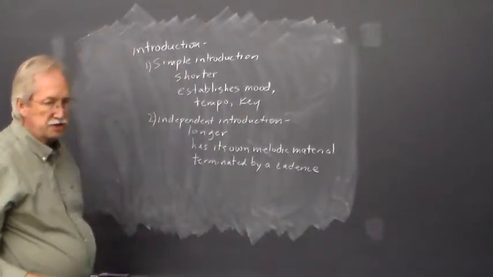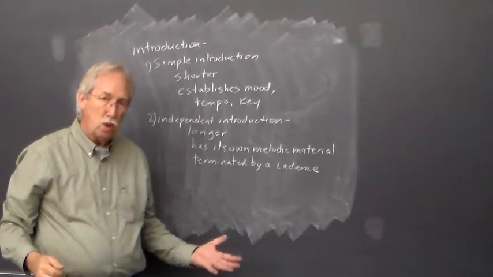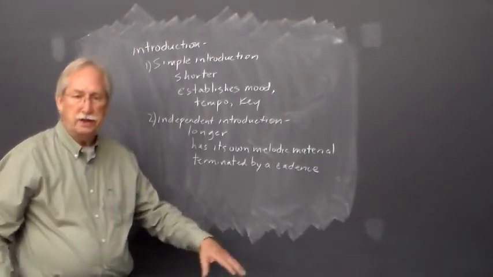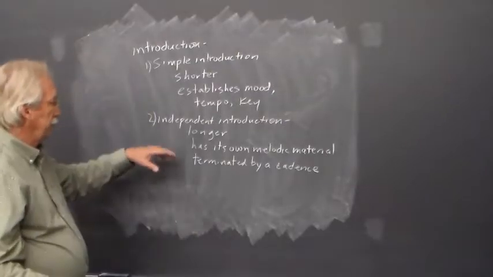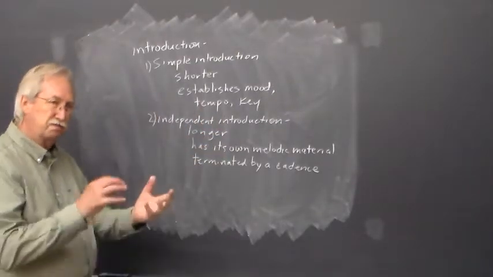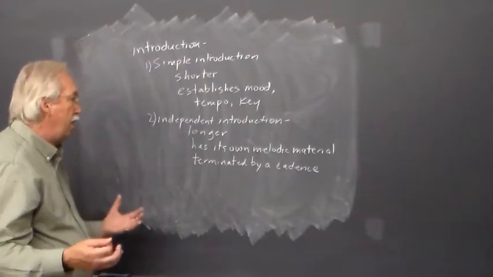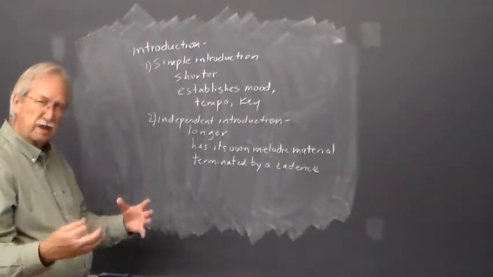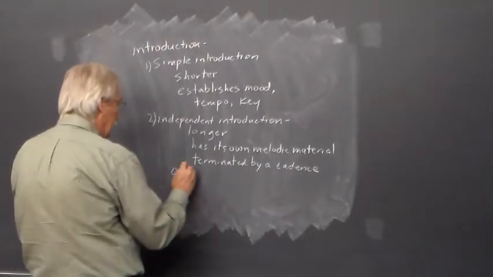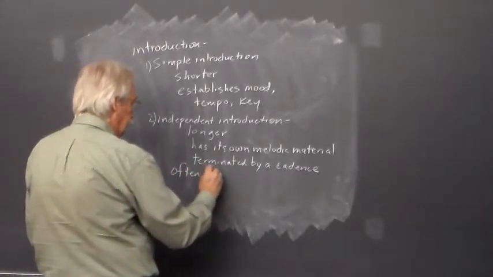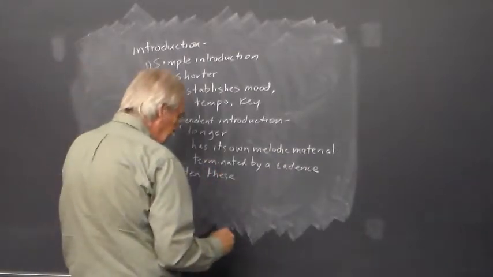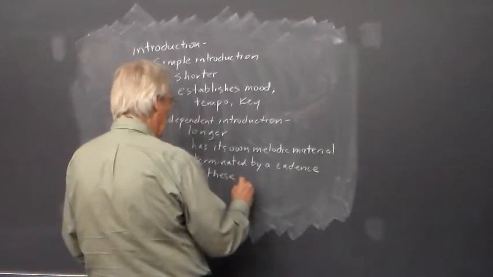The simple introduction probably won't cadence. It just presents an accompaniment pattern, and then the melody begins. The independent introduction has more of a contrasting element and is more self-contained in that sense. So often these independent introductions form a sense of contrast.